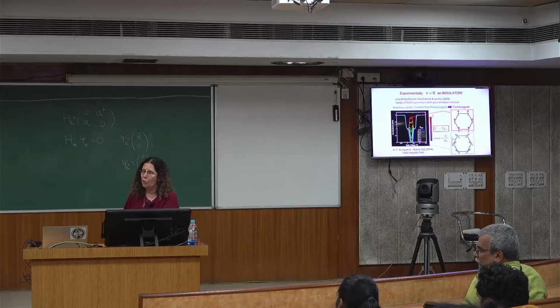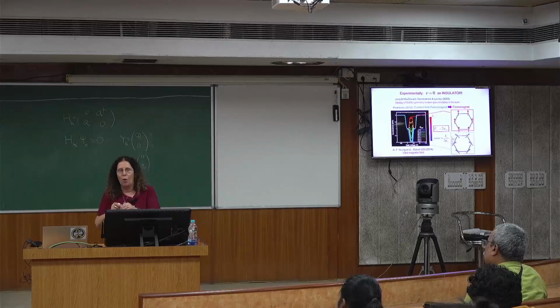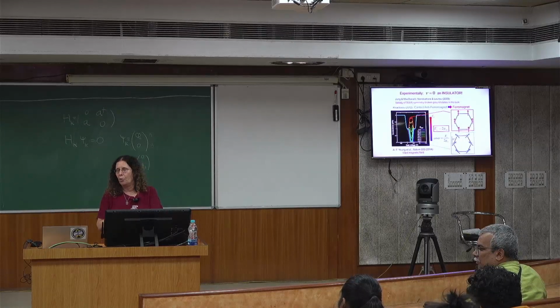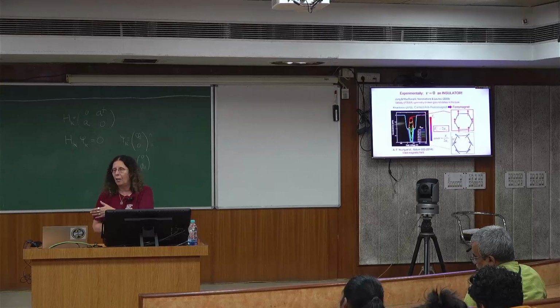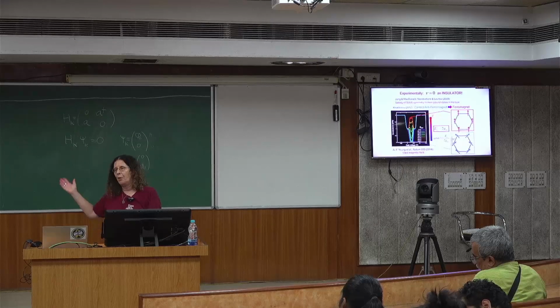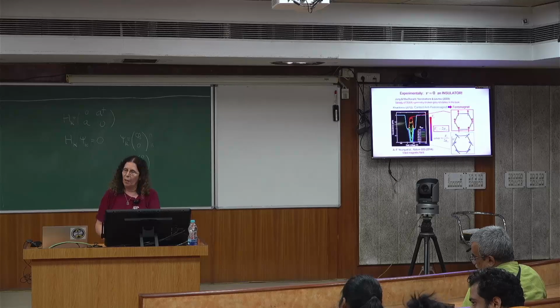Right. So at charge neutral, the state that we are talking about is when your Fermi energy is exactly at the charge neutrality point. Okay? If you are increasing the Fermi energy to finite doping, then you get the first Landau level 1 and 2 and so on. Okay? And then you see the usual quantum Hall plateaus.